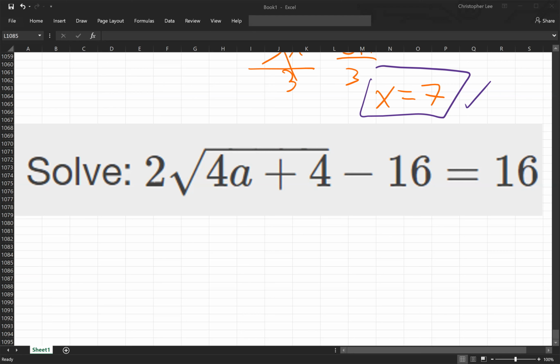Negative 5 squared. It's like 10 minus 15. Right, yeah, you got the 9.